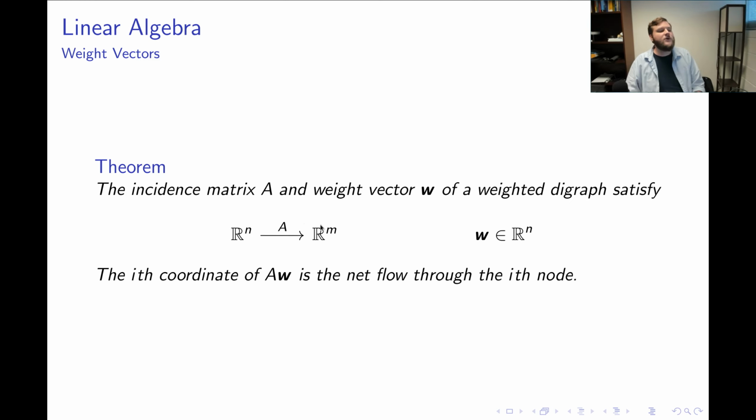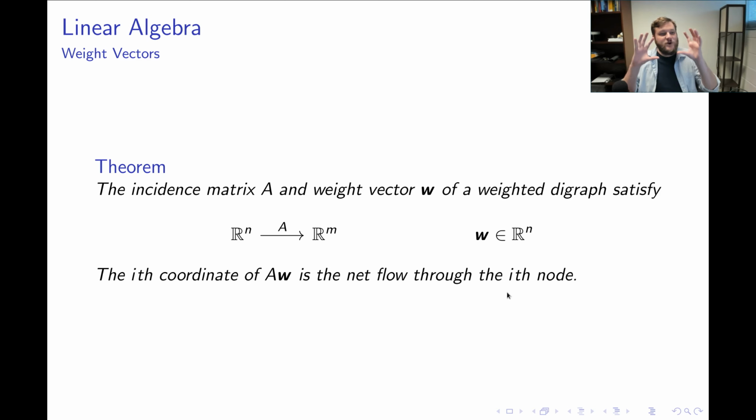So not only are you always allowed to multiply A by the weight vector, but there's meaning to doing that. The ith coordinate of that matrix vector product always gives you the net flow through the ith node. So this is a pretty cool application of the concept of matrix vector products.